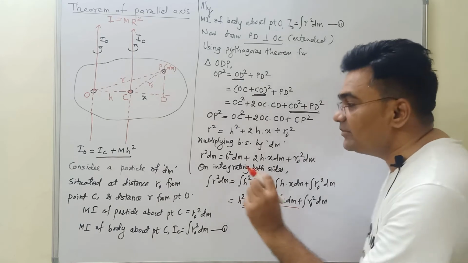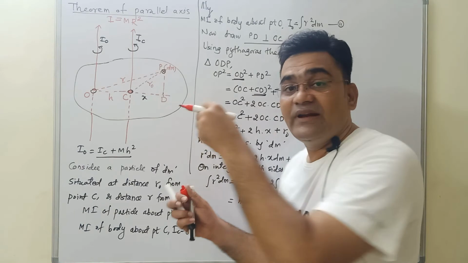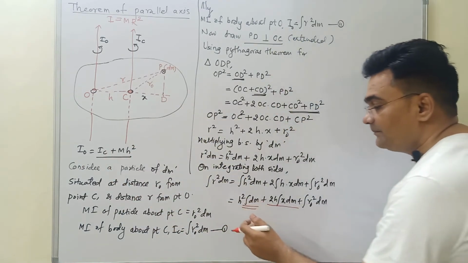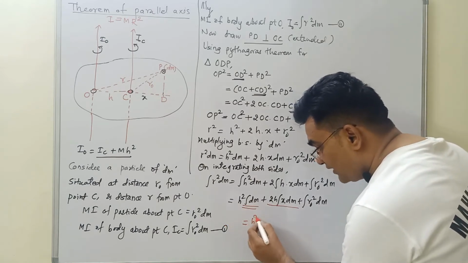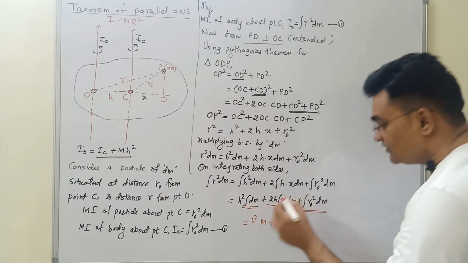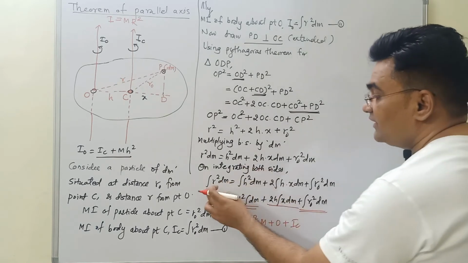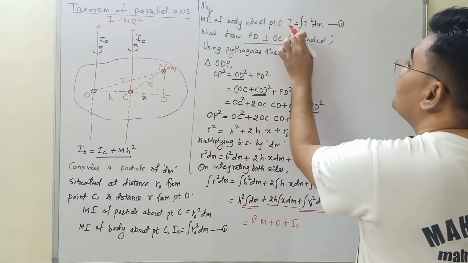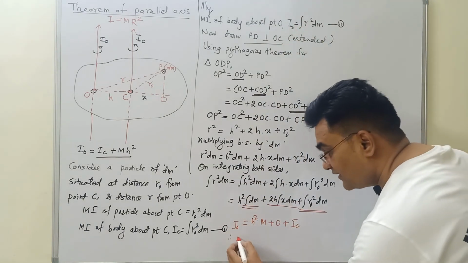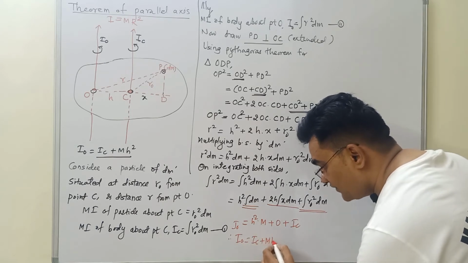Integration of dm: dm is the small particle, and all the particles when added give the total mass of the body, so integration of dm will be M. So H square into M, plus this will be 0, plus this term from equation 1 is IC, and the LHS term from equation 2 is IO. Therefore I can say IO equals IC plus MH square.